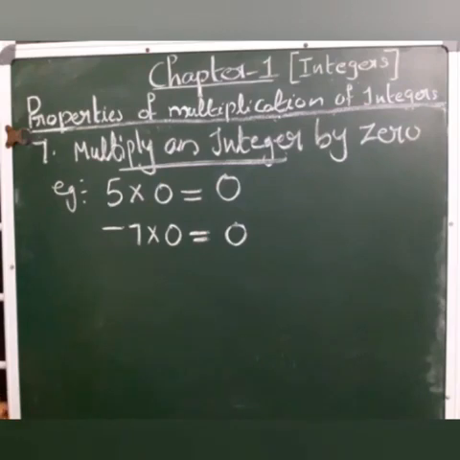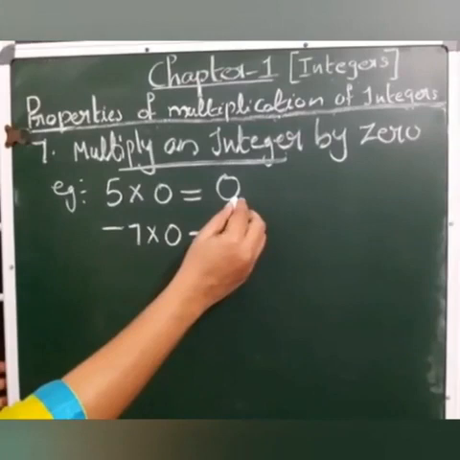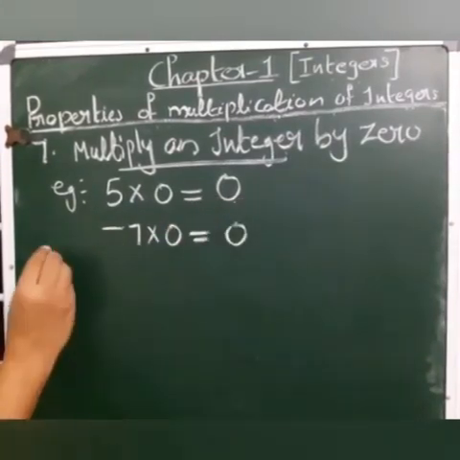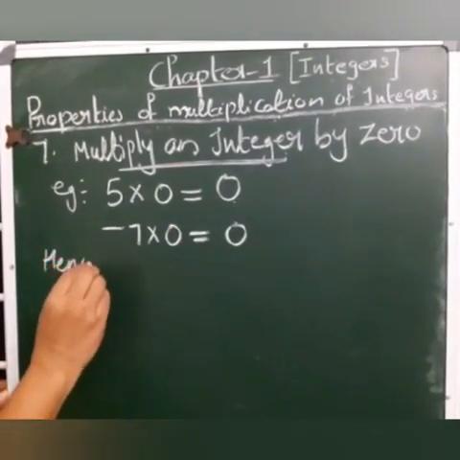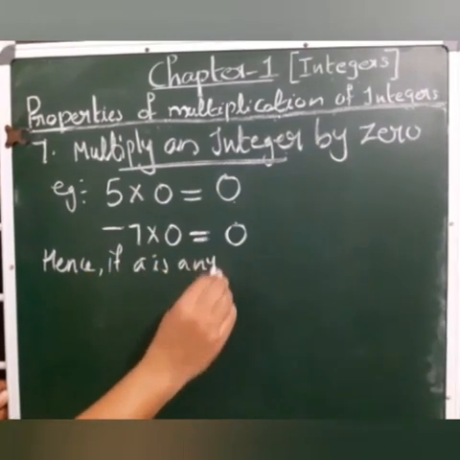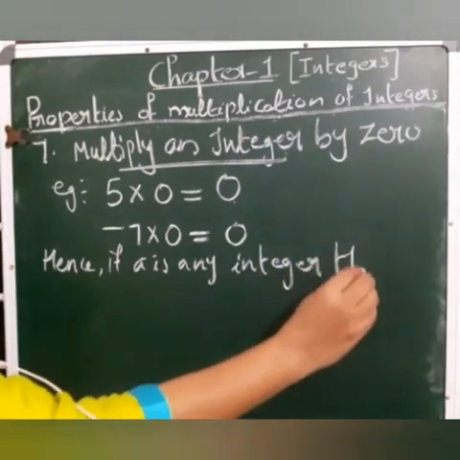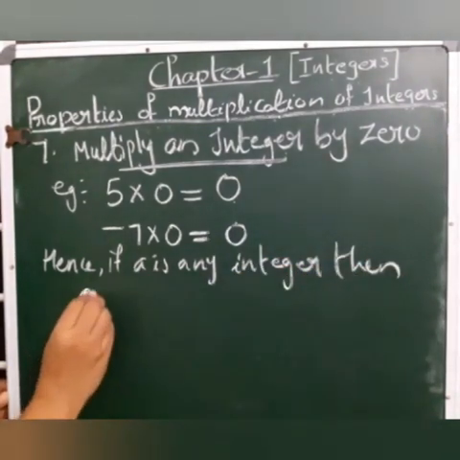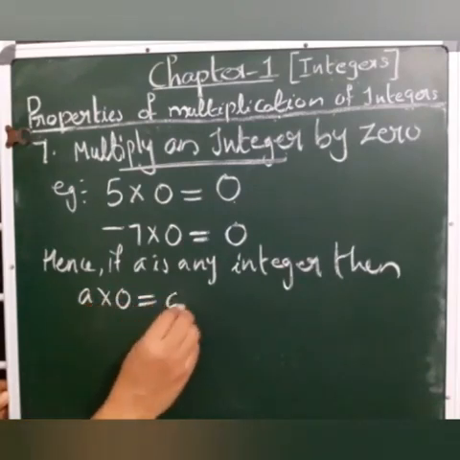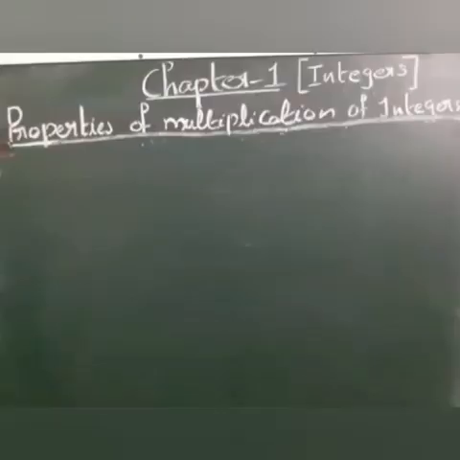Thus we see that when an integer is multiplied by 0, the result is always 0. Hence, if a is any integer, then a into 0 is equal to 0 into a is equal to 0.